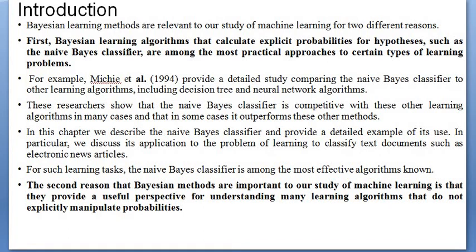So Bayesian learning always points to probabilities. If you are familiar with the concept of probabilities, then it becomes easier for you to learn these Bayesian methods. And the second reason why we are using the Bayesian method is that in many algorithms in machine learning, we do not explicitly manipulate the probabilities.